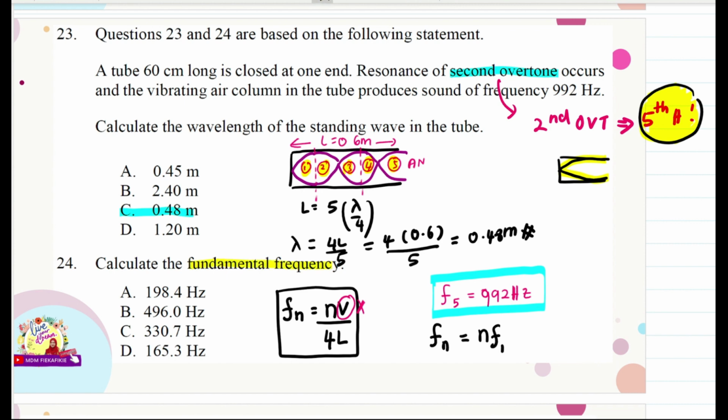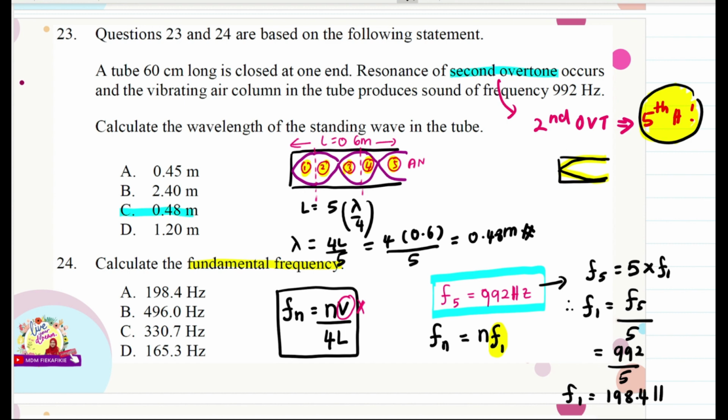So, soalan minta fundamental frequency. So, kita nak kira F1. So, kita boleh gunakan maklumat F5. Since F5 is equal to 5 kali F1, therefore F1 is equal to frequency of fifth harmonics over 5. So, dia akan dapat 992 bahagi dengan 5 lah. Okay. So, you akan dapat 198.4. So, fundamental frequency is equal to 198.4 Hz. Okay. So, the answer is A.